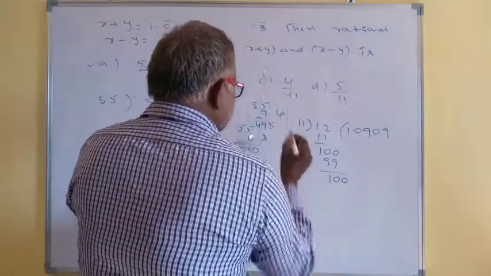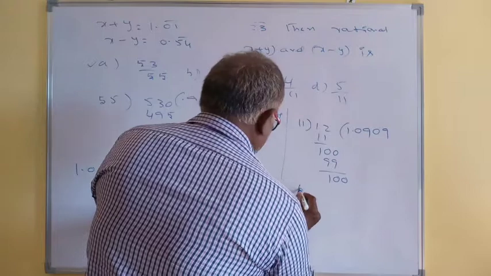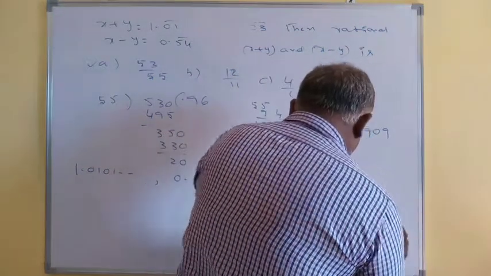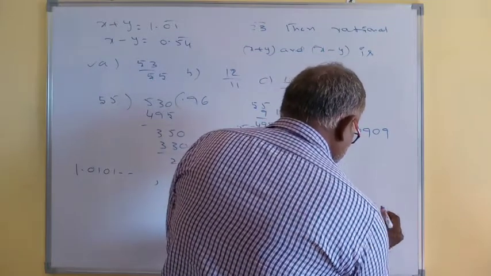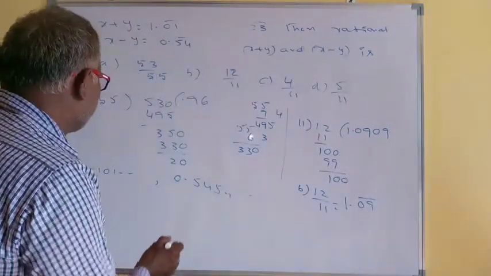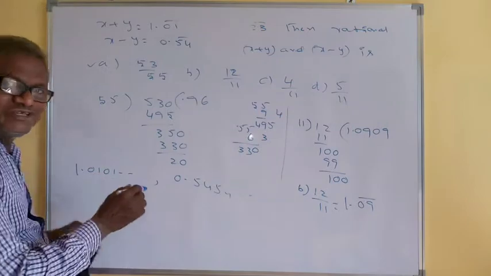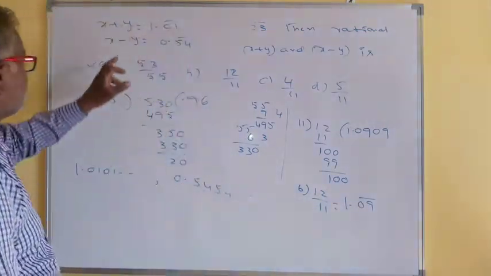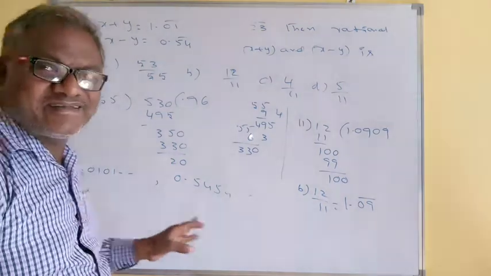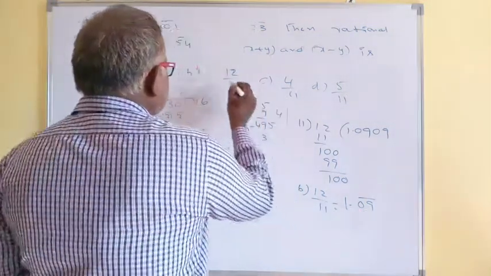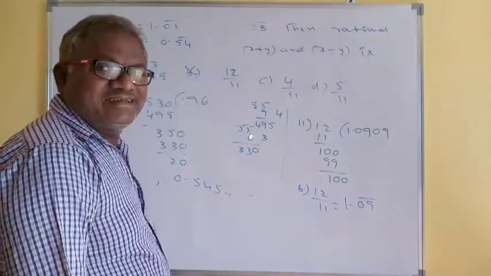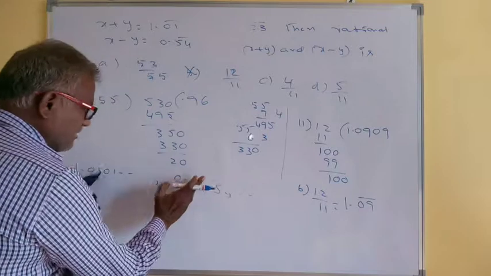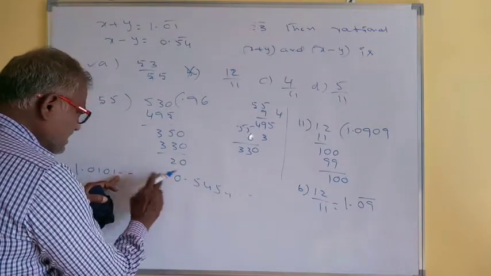That means this value, option B, 12 by 11, is nothing but 1.09 bar. But here the value 010101 is higher. Compared with this one, this is the smaller one. So this is not the required one. It should not lie outside these two, only in between these two, greater than and less than.